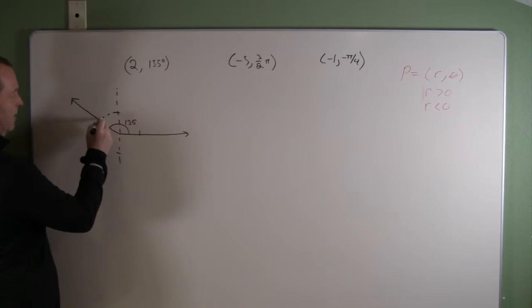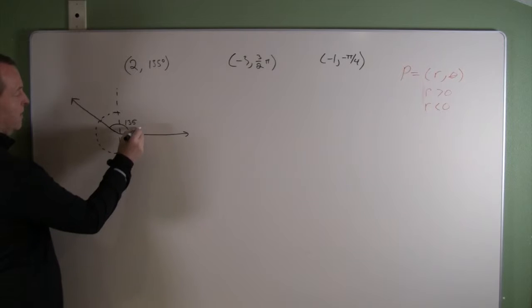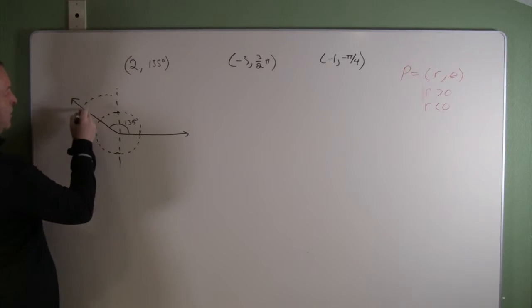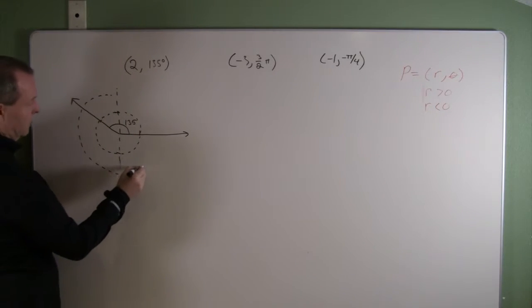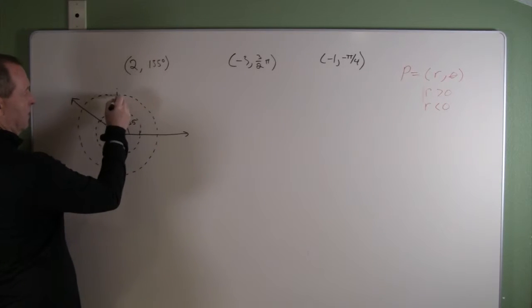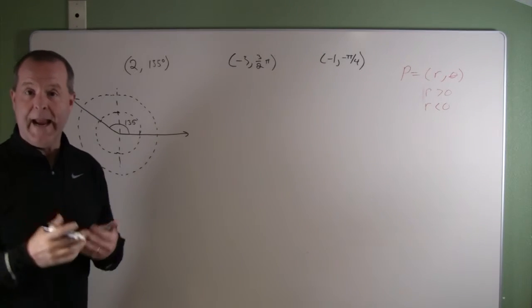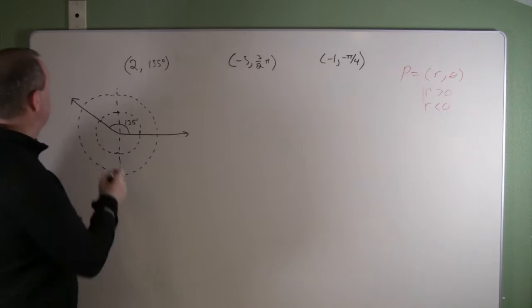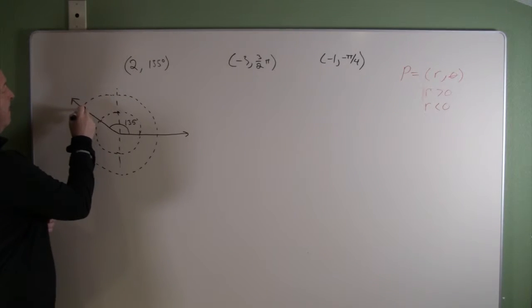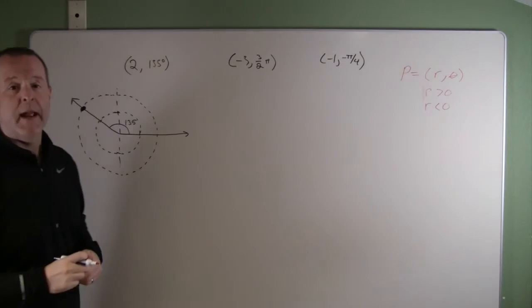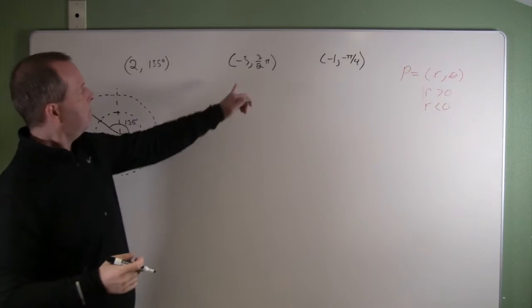So there's 1 unit out from the origin, and maybe there's 2 units out from the origin. And so the point 2 would be right there. So there's the point (2, 135 degrees).